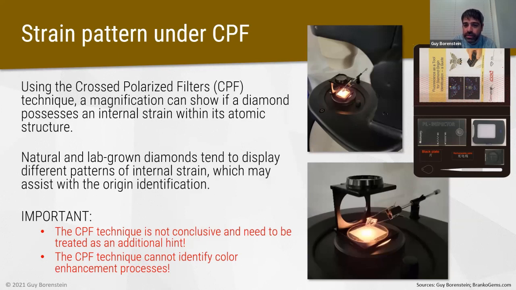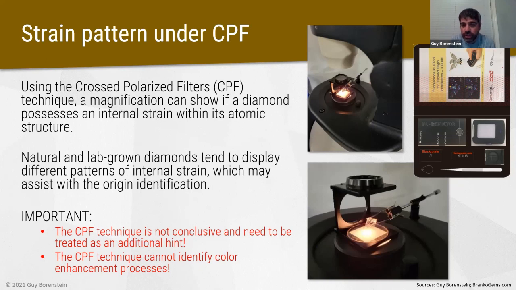There could be some areas where there is more stress than the others. Usually this internal stress, internal strain, is caused by a plastic deformation or elastic deformation surrounding inclusions, or sometimes by other trace elements that were trapped inside. But this strain, which is not exactly seen by the eye, can be revealed using cross-polarized filters.